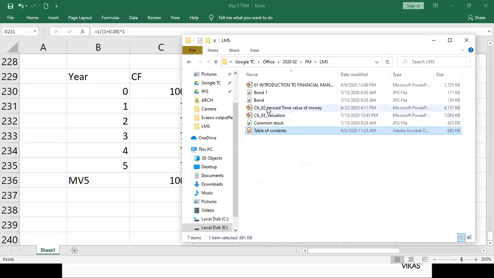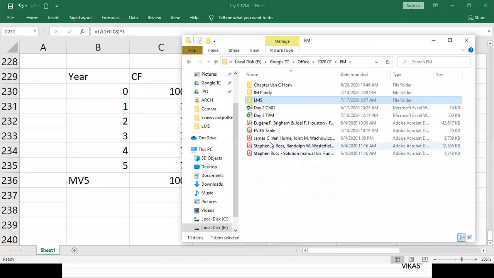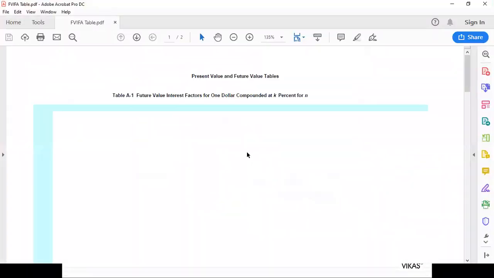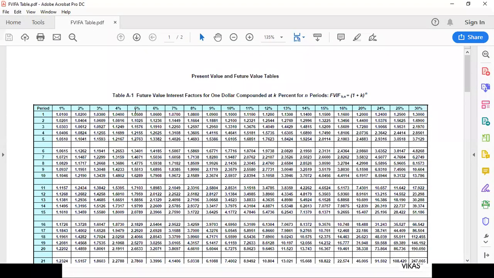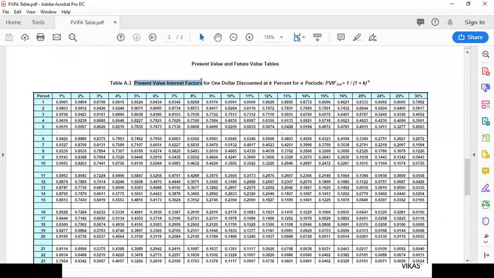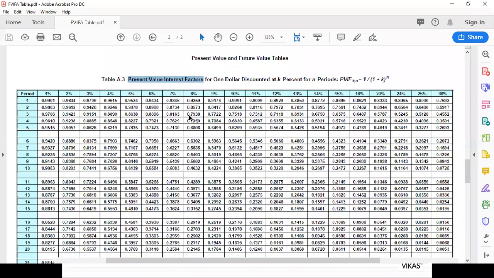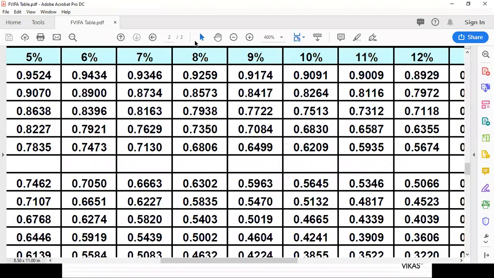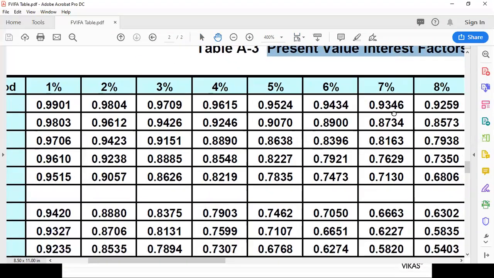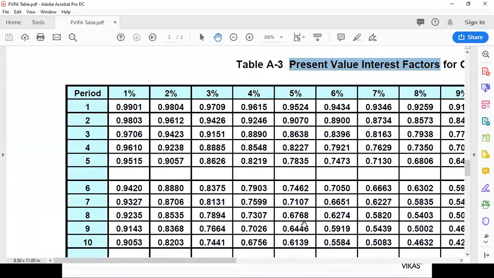Present value table. If here we have to move to present value interest rate. Then what is the rate of interest in the earlier example? 8%, no? 8%.